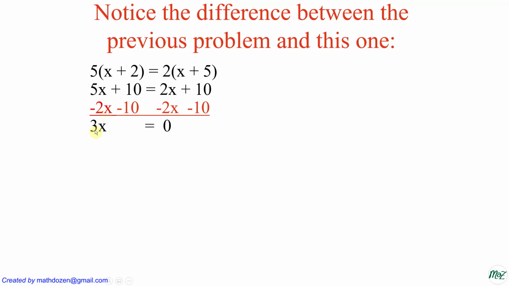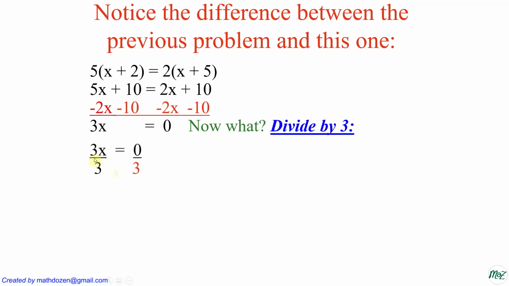Now we didn't lose the variable this time, so we can still continue the solution steps. All we need to do is divide both sides by 3. This is a perfectly normal division, and when we divide 0 over a number, it's totally mathematically okay to do that, and the answer will be variable, equal sign, and 0.